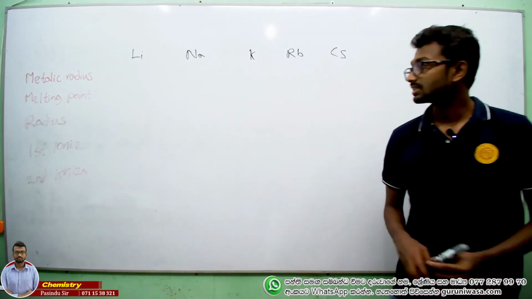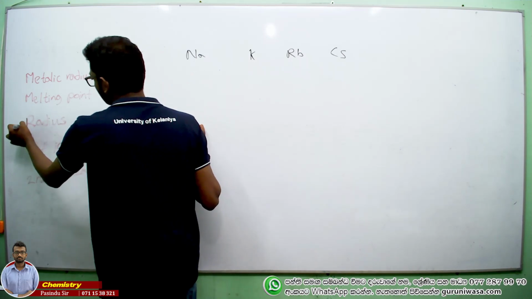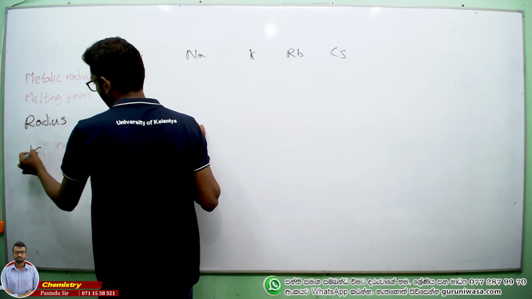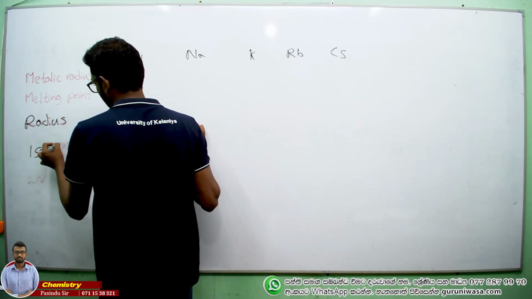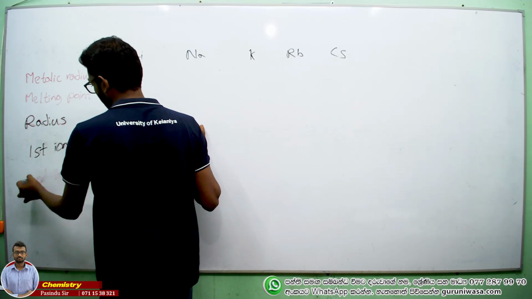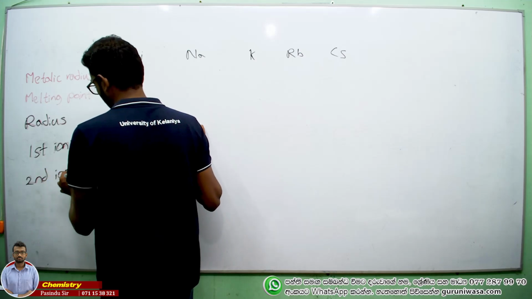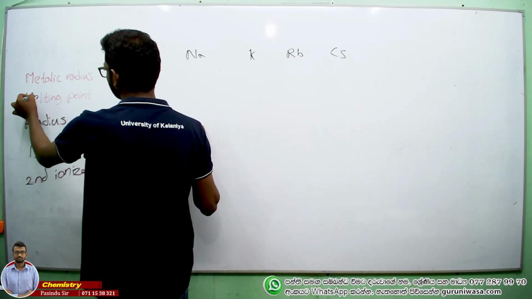May I write it? Radius, first ionization, second ionization. This is melting point.